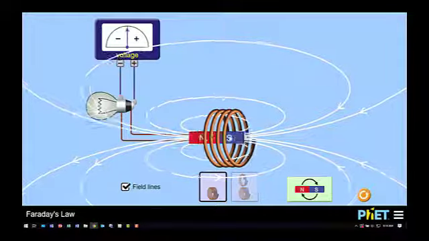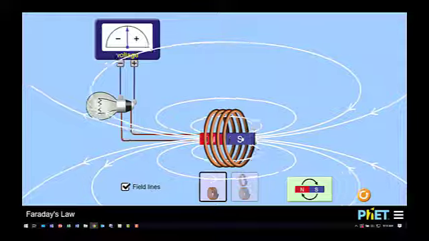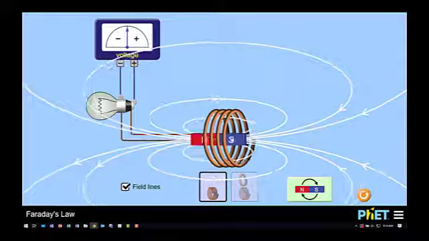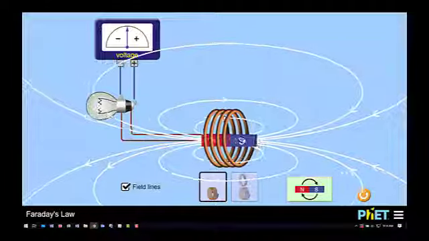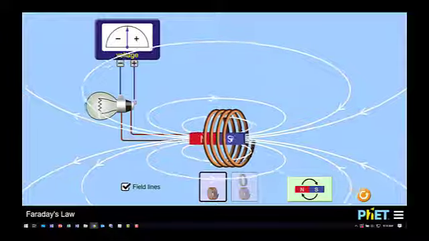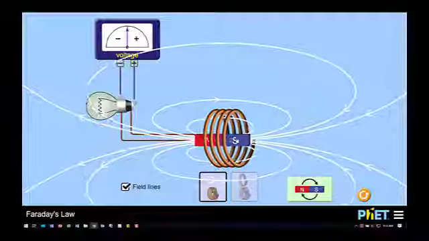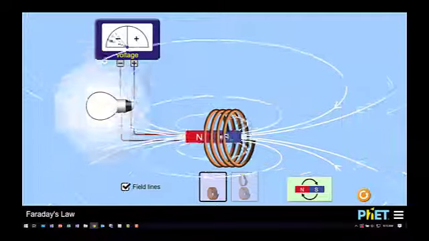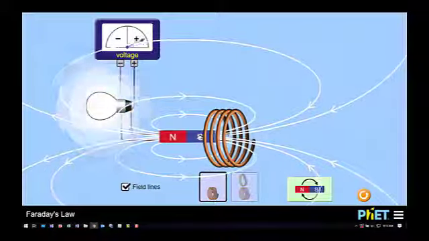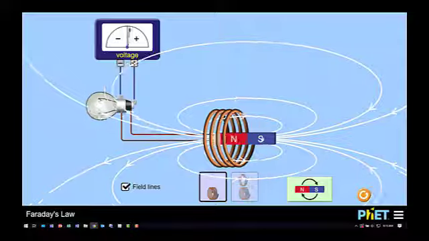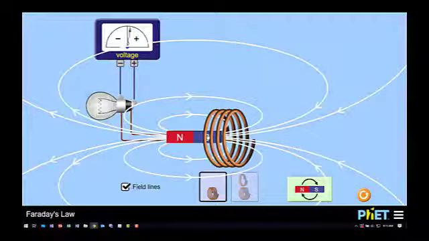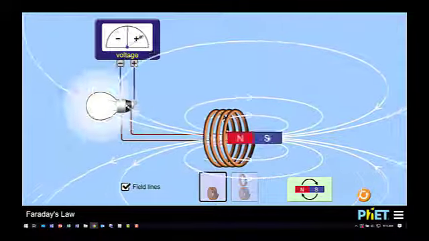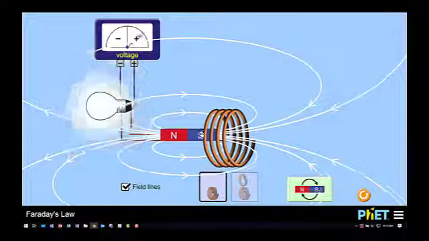If I move it a little bit, I'm not seeing anything because I'm not really cutting any of these coils with the flux. I've got some on the inside, some on the outside, but none's being cut. I actually have to start crossing those lines before the electrons will move. Notice that in one direction, the voltage goes one direction, and in the opposite direction, the voltage polarity is also reversed.